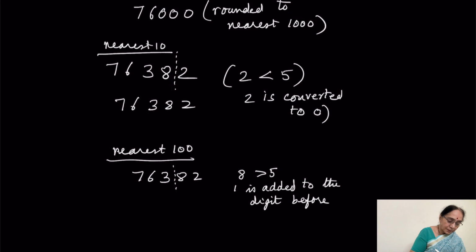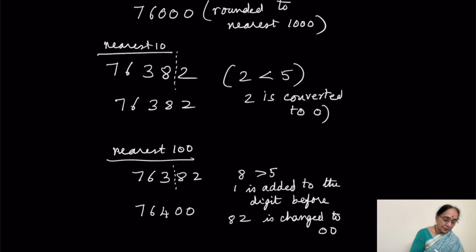And then the 2 digits after that imaginary line are converted to 0. 82 is changed to 0, 0. So now this is 7, 6, 3 plus 1 is 4, and this is 0, 0. So to the nearest 100, it is 76,400.